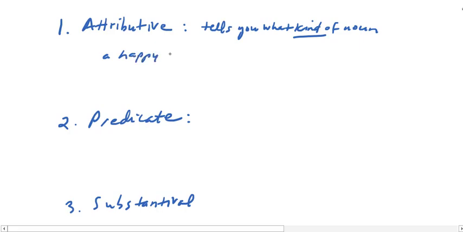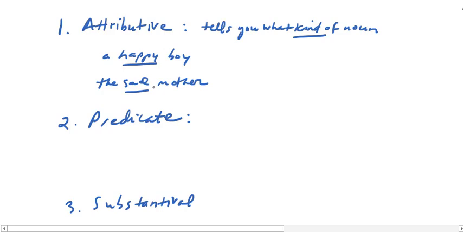A happy boy. Here's my adjective, happy. Does that adjective tell me what kind of noun, what kind of boy I'm talking about? Yes. What kind of boy? A happy boy. The sad mother. Okay, what kind of mother? Sad.